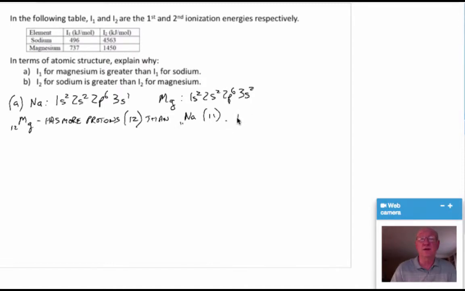So in both sodium and magnesium, the electron is removed from the same 3s orbital.